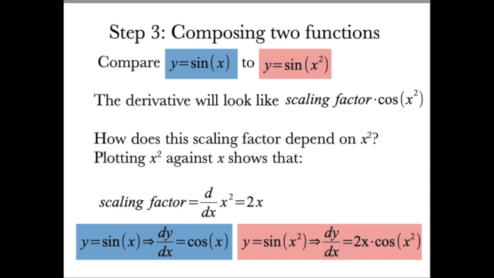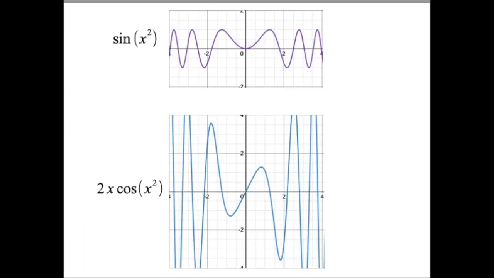And to show you that this does work, I've plotted separately here the graphs of y equals sine x squared at the top, and underneath is the graph of y equals 2x cos x squared, and you should see that the gradient of the top graph is equal to the y value of the lower graph.